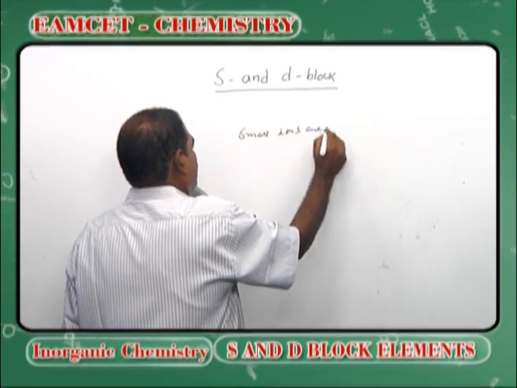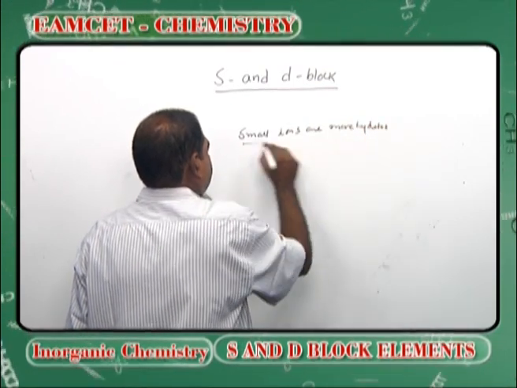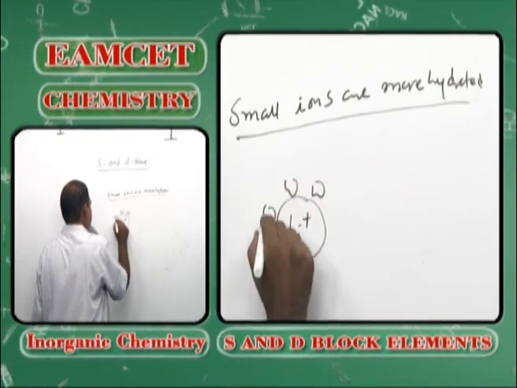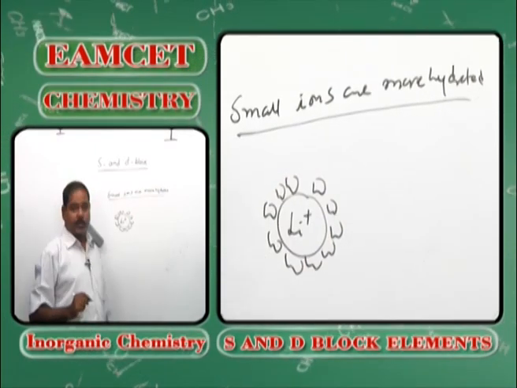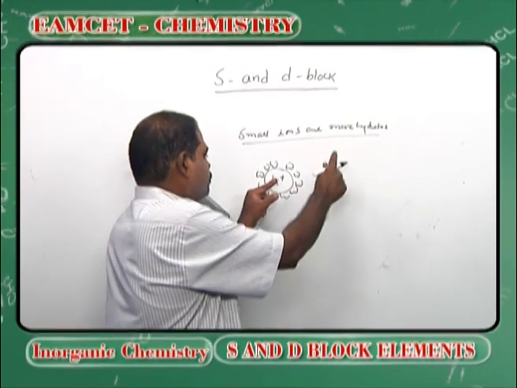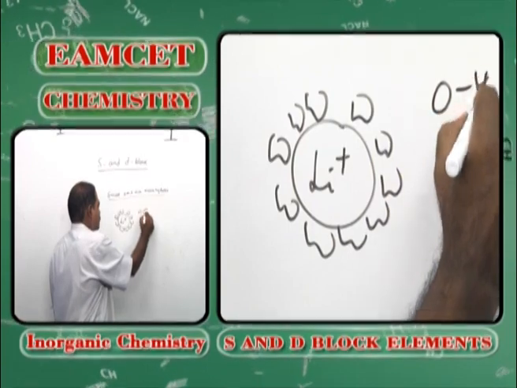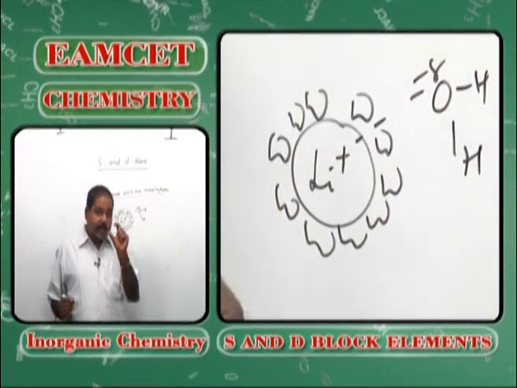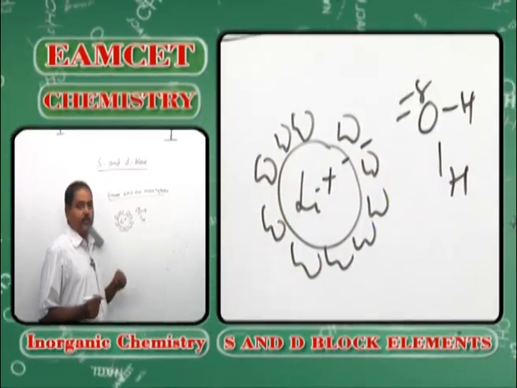So, the lithium ion is surrounded by a large number of water molecules. Lithium attracts more sympathy from water. What will water do? It will try to neutralize the positive charge by giving its partial negative. Small ions attract more sympathy from the negative charges of water.